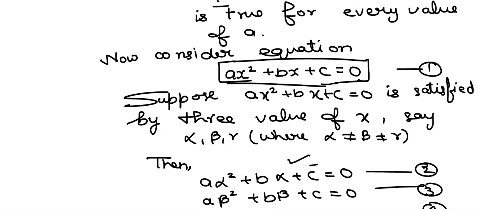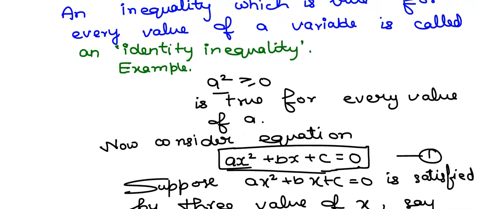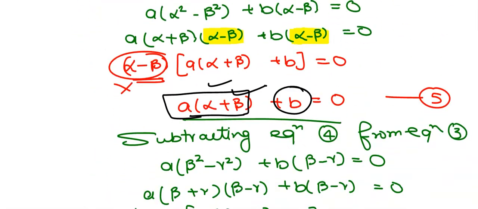Is satisfied by 3 values of x, say alpha, beta, gamma. In what case? When a, b, c equal to 0, that will become an identity. Okay.